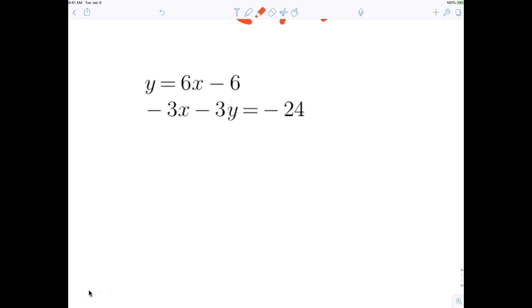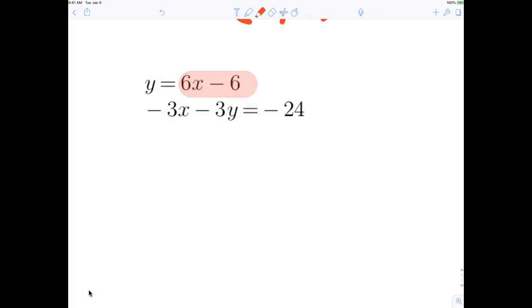What does y equal again? Y equals 6x minus 6. Anybody have any issues with that? So that means wherever I see a y, I have to put what? That's right. So see this y right here.